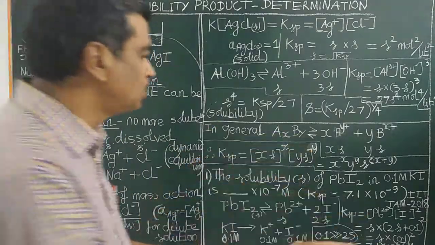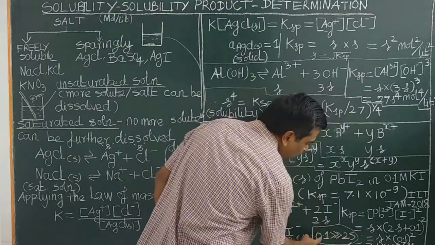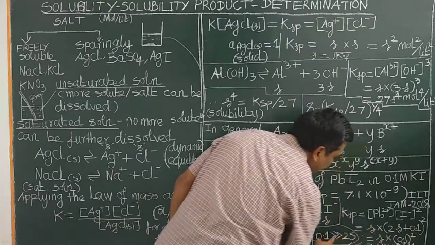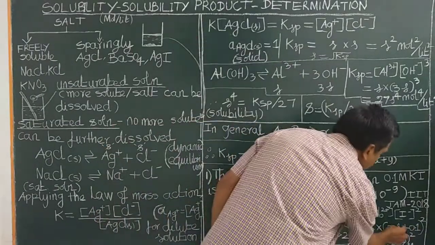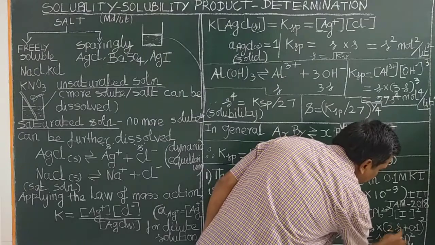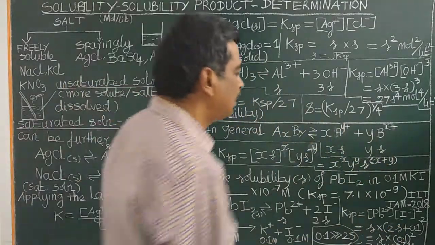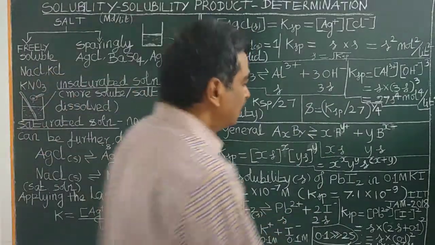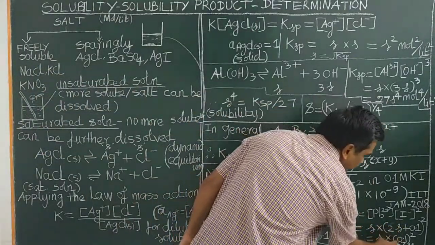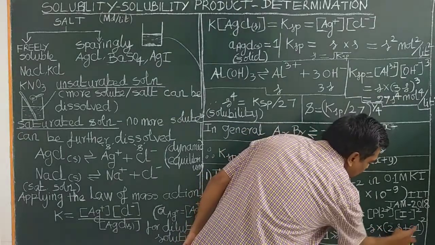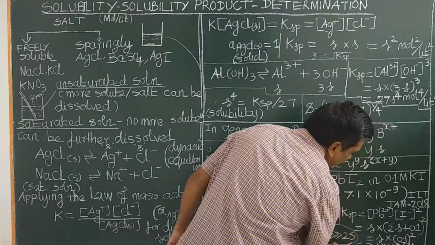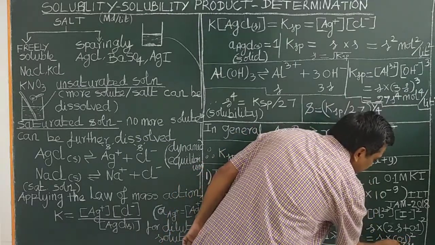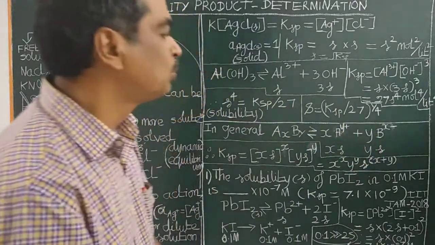Therefore, it is assumed that 0.1 is very much greater than 2S, so 2S is negligible. Therefore, Ksp equals S times 0.1 whole square. On substituting Ksp, you will get S equal to 7.1 into 10 power minus 7 moles per liter.